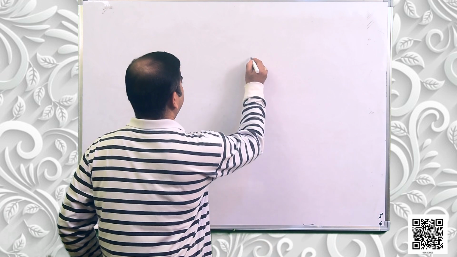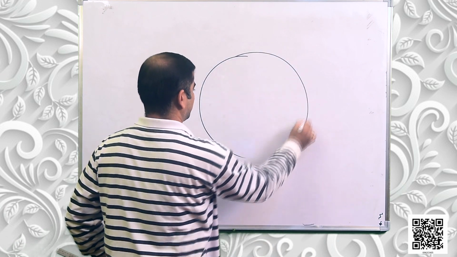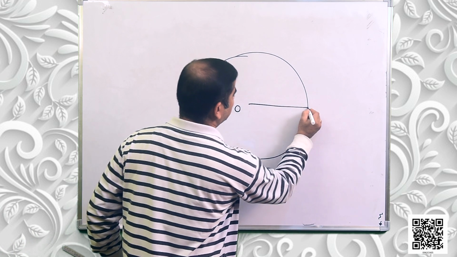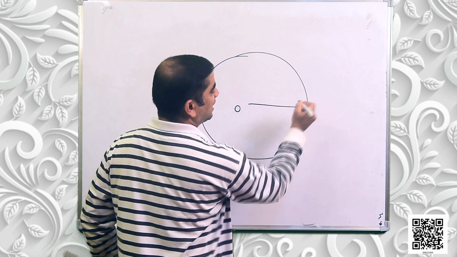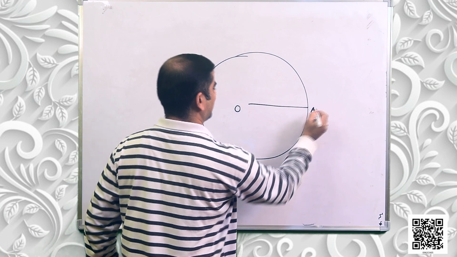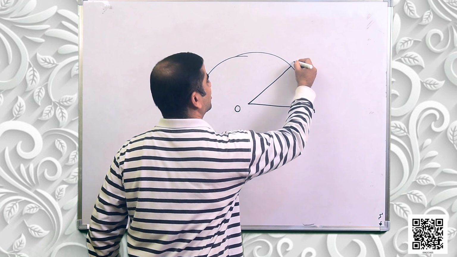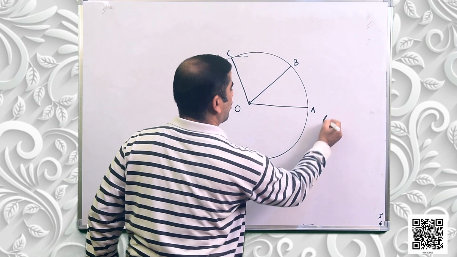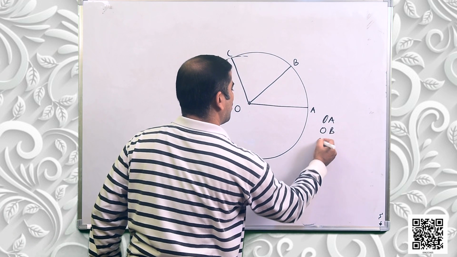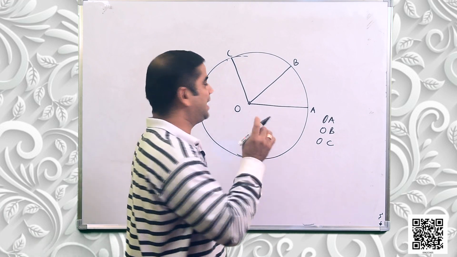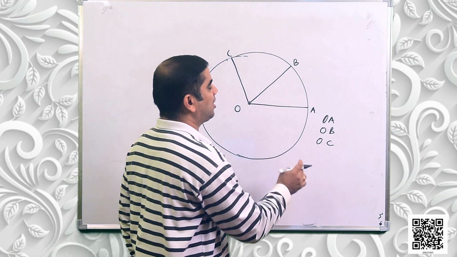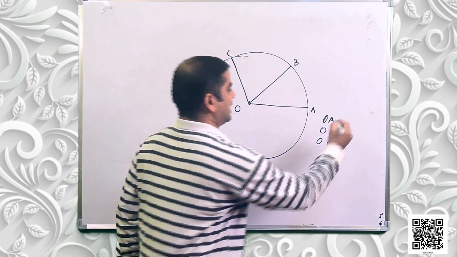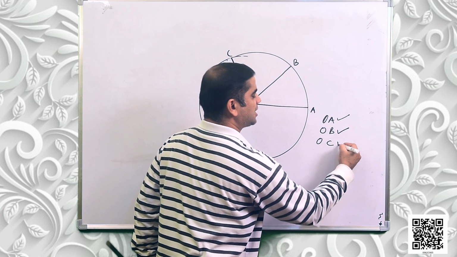So, if this is a circle having center O and this is the distance between the center and the circumference of the circle, suppose this is A. Another point on the circumference, suppose B. Another point on the circumference is suppose C. So, OA, OB, OC all are equal in length and these are called radii of the circle having center O. Radius OA, radius OB and radius OC.